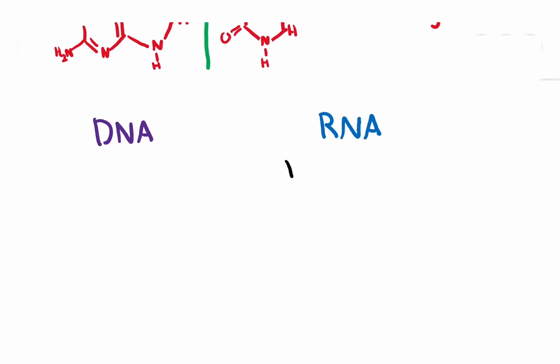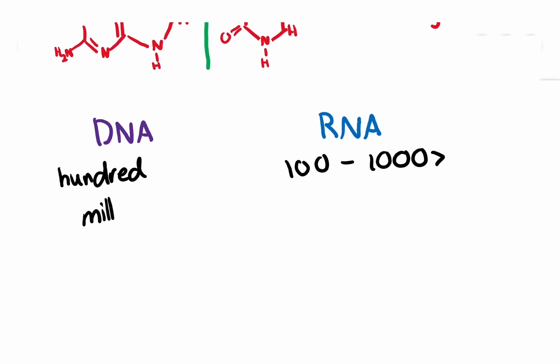So you have 100 to 1,000 or greater nucleotides, while DNA can be several 100 million nucleotides long. And so this factors into what I was talking about before with histone molecules, where the DNA is extremely long. And so to pack it within the tiny cell, it's necessary to bind it to the histone molecule. And so it helps that the DNA, which is negatively charged, is attracted to the positively charged histone.